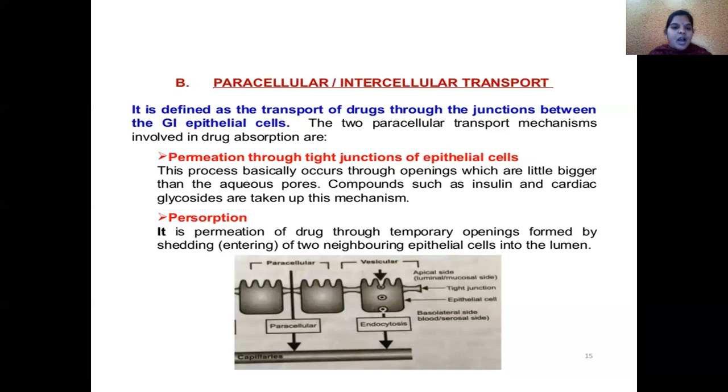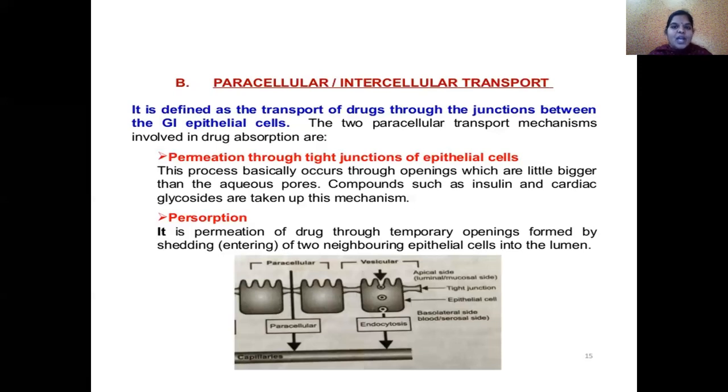Some drugs enter through this persorption mechanism. The temporary openings are formed by shedding or entering of two neighboring epithelial cells into the lumen. When the two epithelial cells enter the lumen, there may be a chance to form temporary openings for drug absorption. This mechanism is called persorption.